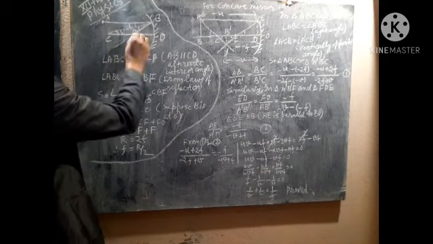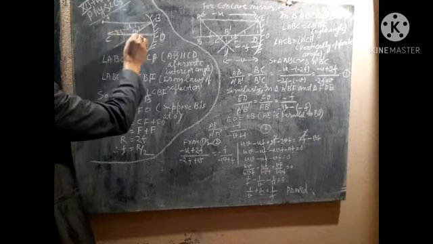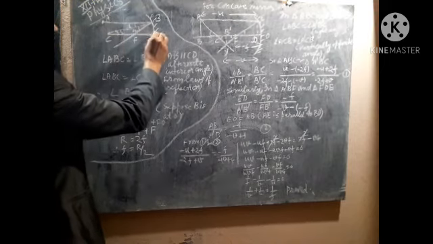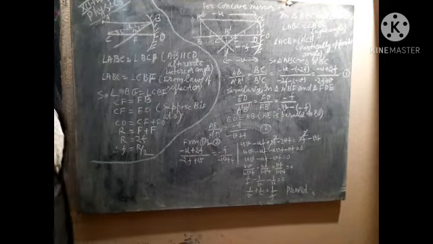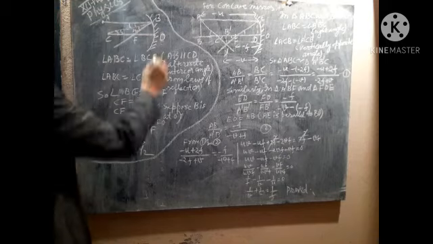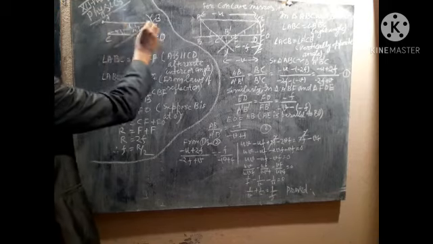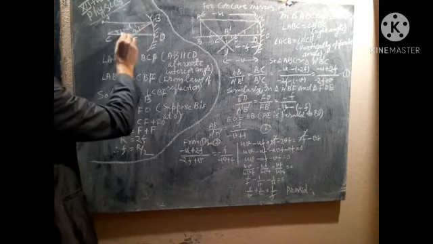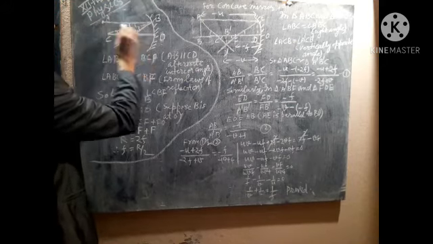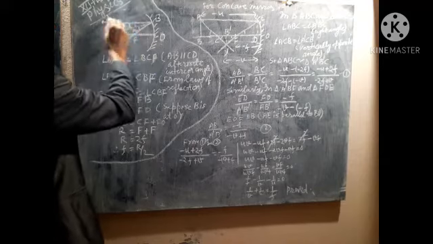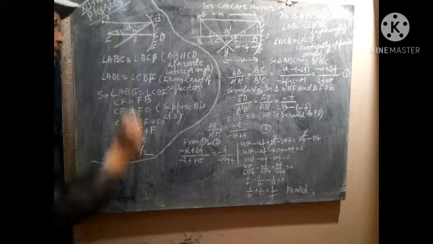Okay, this is focus, this is center of curvature, and this is O, the optical center. Here I have taken AB and CO. You should know this line is parallel to this line. AB is parallel to CO.